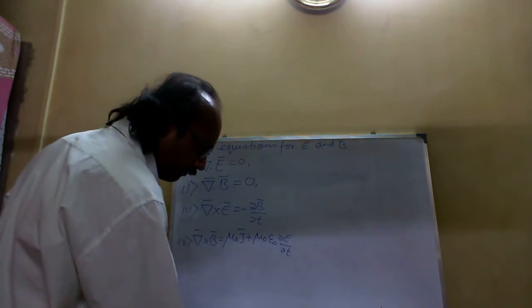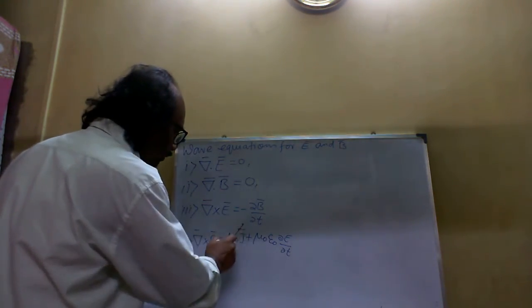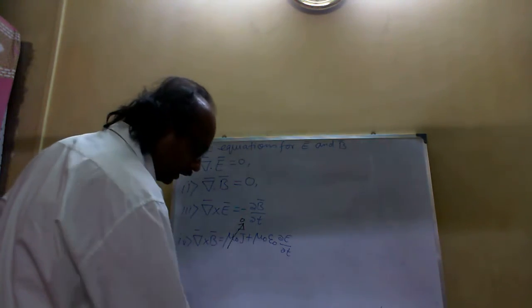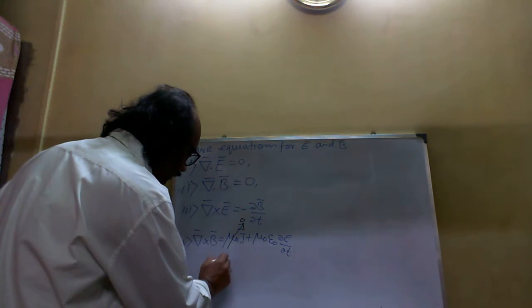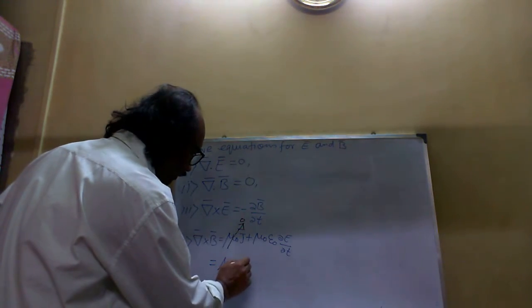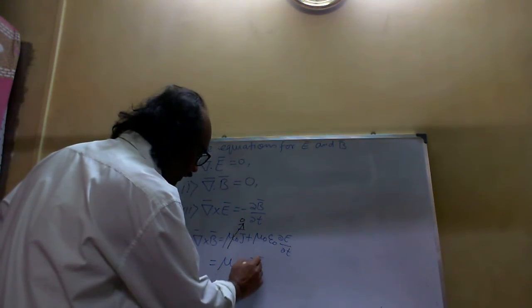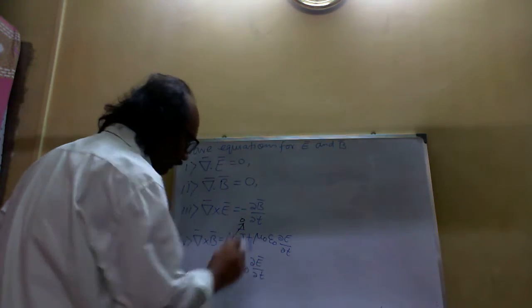Since we are in the free space, there is no current density, so J is 0. Therefore, we have mu naught epsilon naught del E by del t.